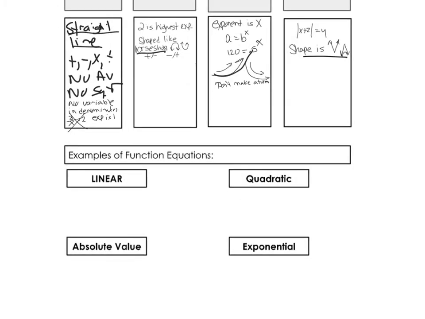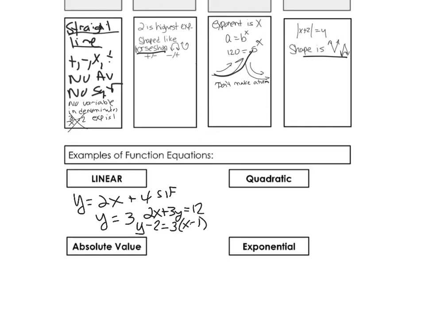Examples of the equations would be like y equals 2x plus 4, or y equals 3. This is slope-intercept form, if you'll remember. Standard form was like 2x plus 3y equals 12. And then we have point slope form: y minus 2 equals 3 times x minus 1.